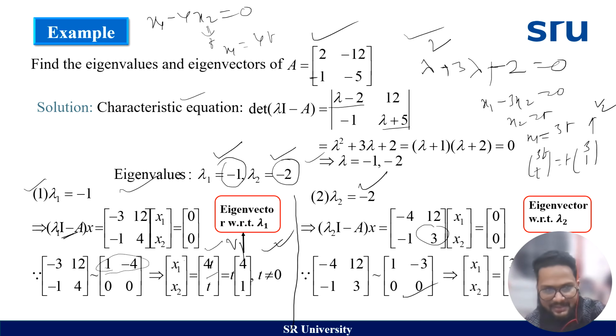Just put minus lambda in the diagonal elements of the matrix, find the determinant, and make it equal to 0. You will get an nth degree equation if the matrix is nth order: a 2 by 2 matrix gives a degree 2 equation, 3 by 3 gives degree 3, and 4 by 4 gives degree 4. Solving for the roots of the characteristic equation gives the eigenvalues.